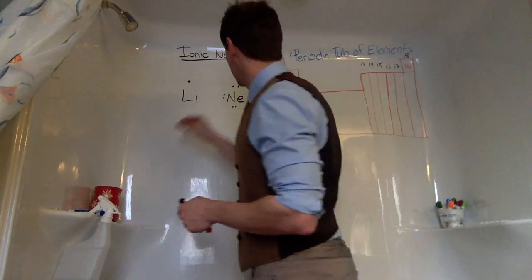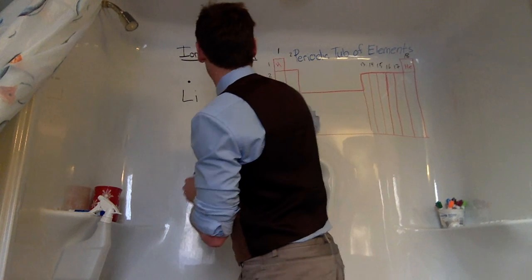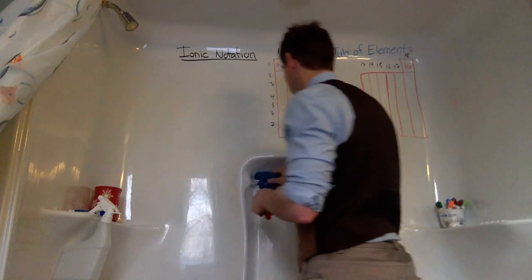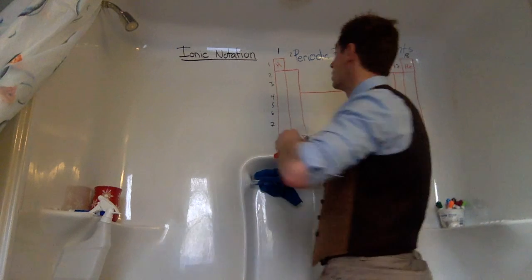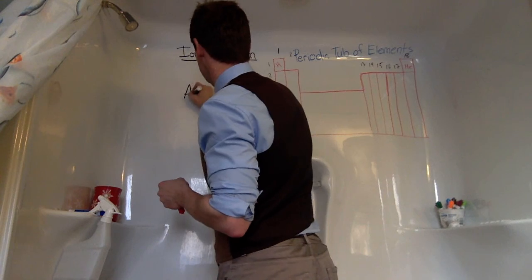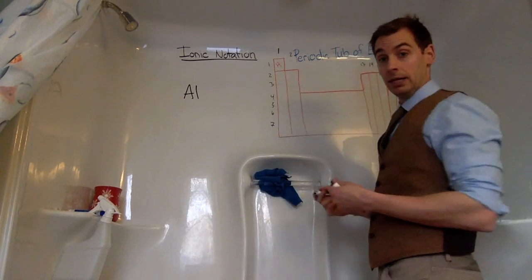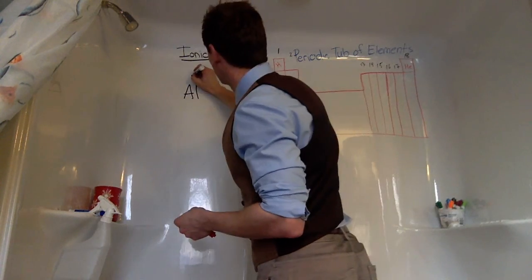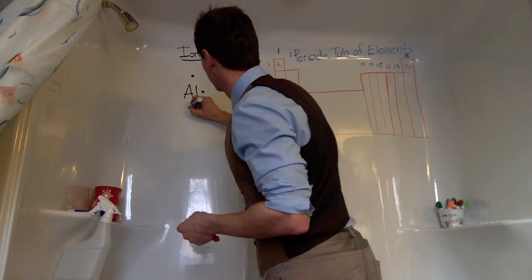So when we're drawing an ionic compound, an ionic notation, all we do is find out where it is on the periodic table. So for example, I'm going to pick aluminum. Aluminum is in column 3, which means it has 3 electrons.